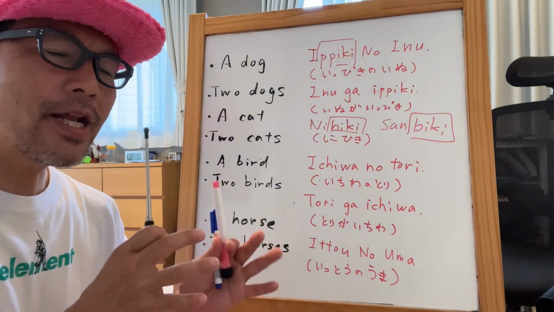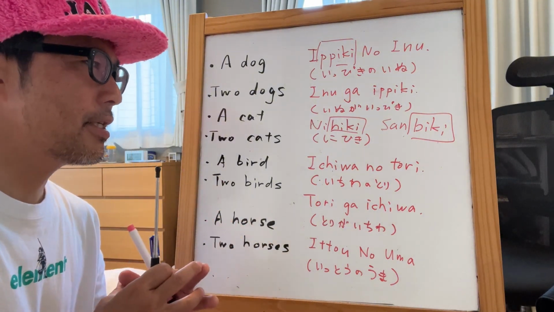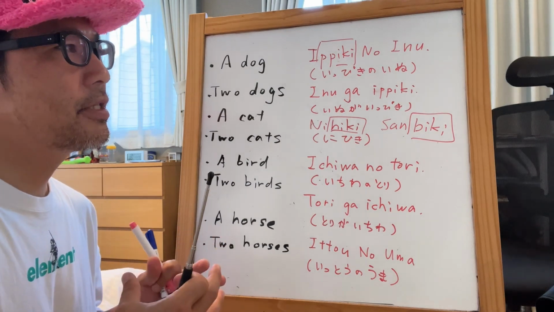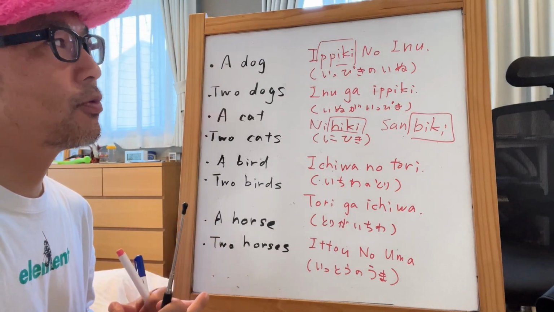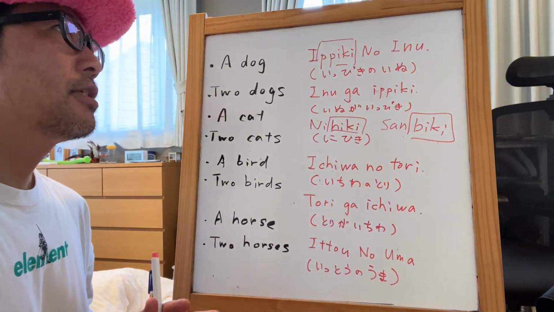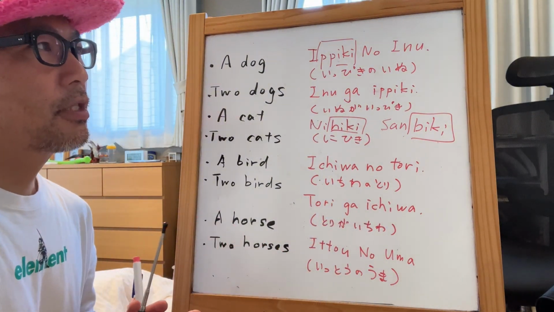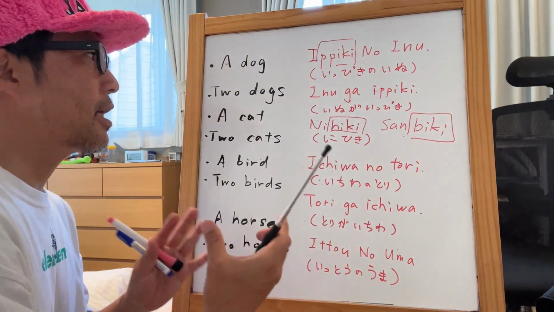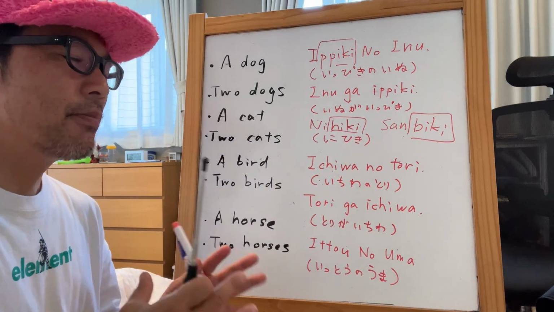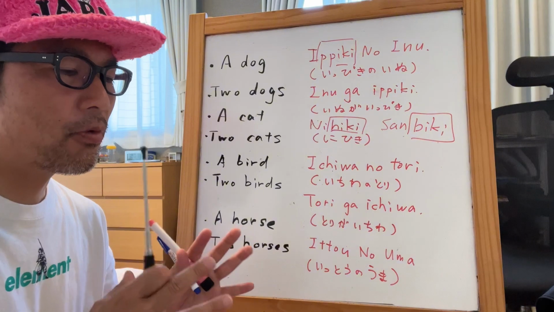So it's really complicated, and it may be a little hard to understand why we have piki, hiki, biki. So there are 3 different ways to express the count of dogs. It's really complicated, but just memorize it.